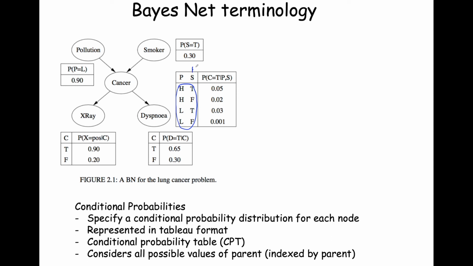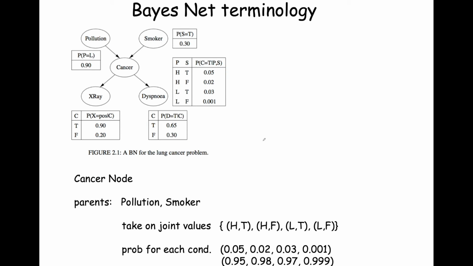Now there's another table with 4 entries corresponding to the probability that cancer is equal to false. You can just compute that by taking 1 minus each one of these entries for the probability that cancer is equal to true.